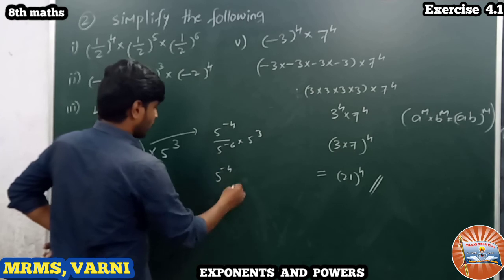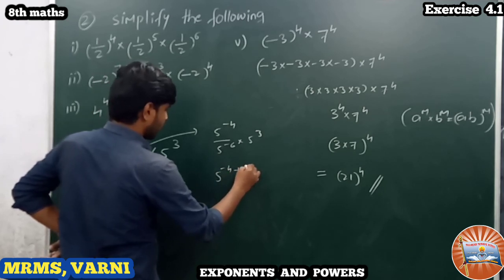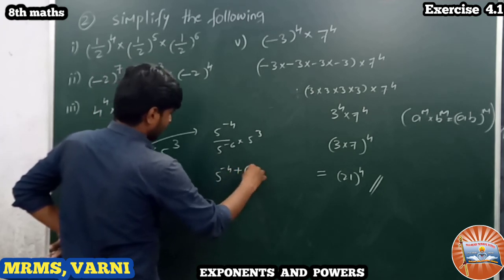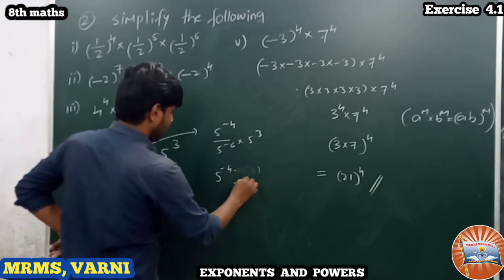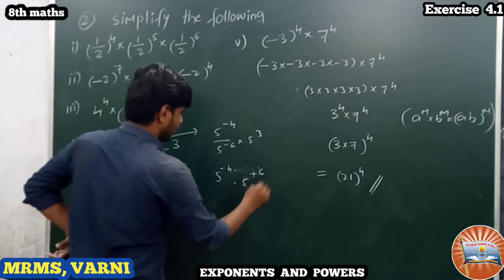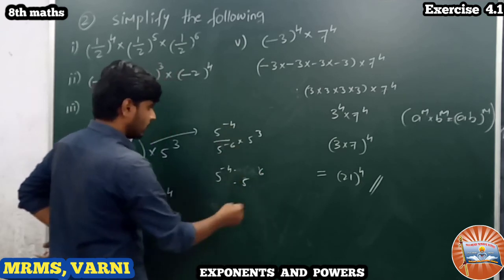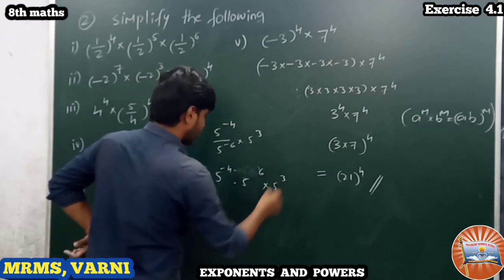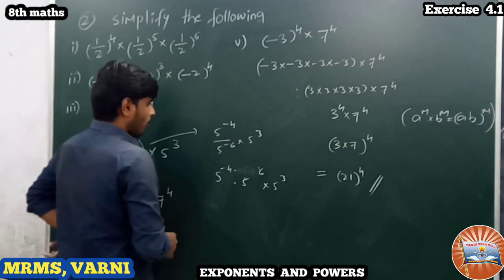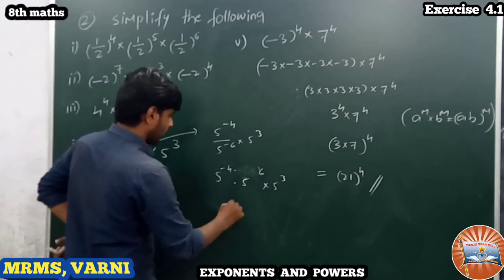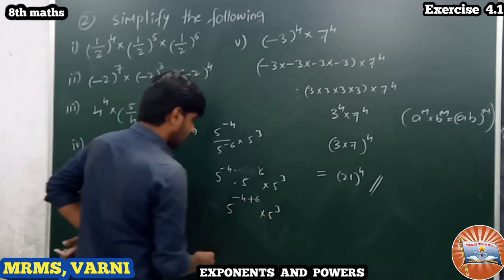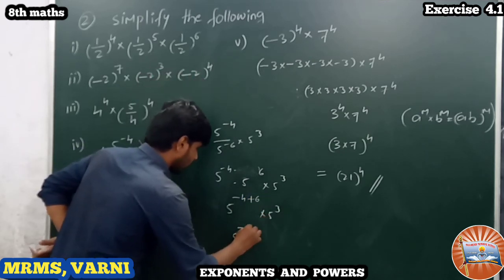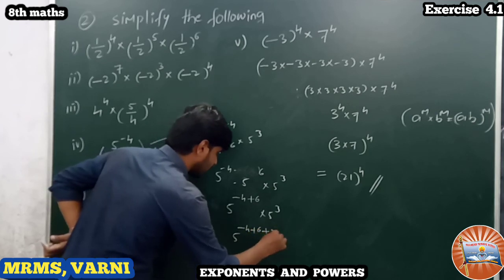So 5 power minus 4 plus 5 power 6, we can write here 5 power plus 6. This minus 6 becomes plus 6 into 5 power 3 it is. Okay, and this becomes 5 power minus 4 plus 6 into 5 power 3, or we can write 5 power minus 4 plus 6 plus 3.